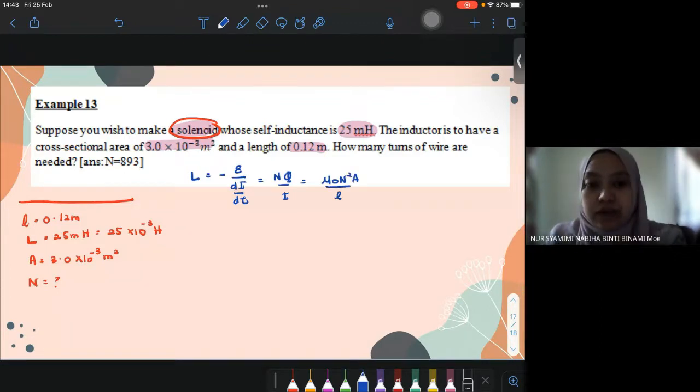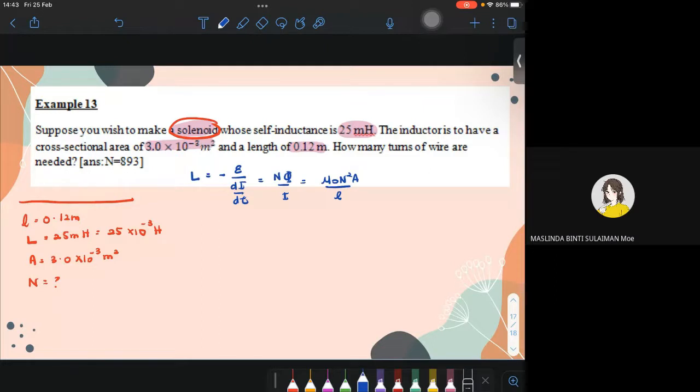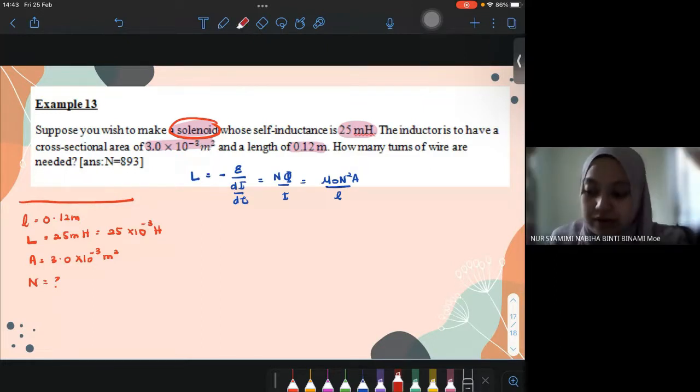So, which formula should we use? 1, 2, or 3? 3, madam. Yes, very good. We need to use the third equation because we want to find N. Dalam formula yang ketiga sahaja ada N.